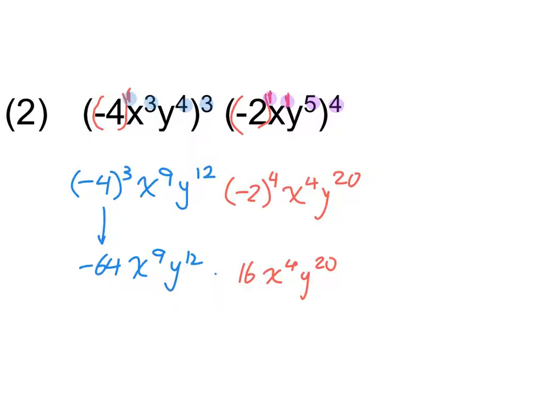All right. The x to the 9th and x to the 4th, we could rewrite. I'll rewrite it, but you wouldn't have to rewrite it. I'm just emphasizing the fact that multiplication is commutative, so I could do it in any order I want.